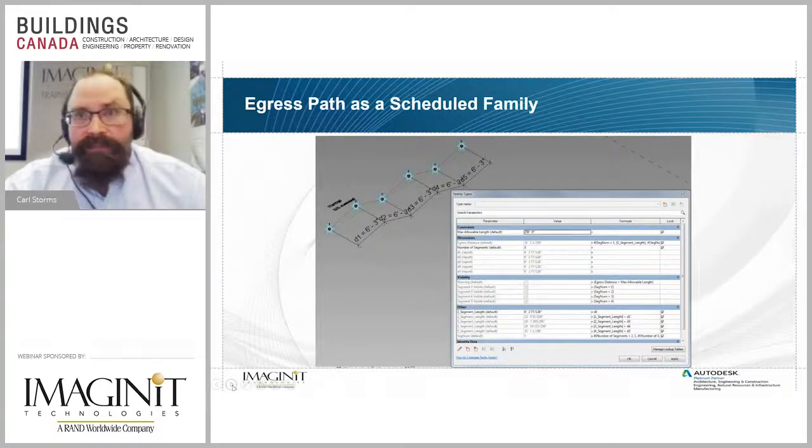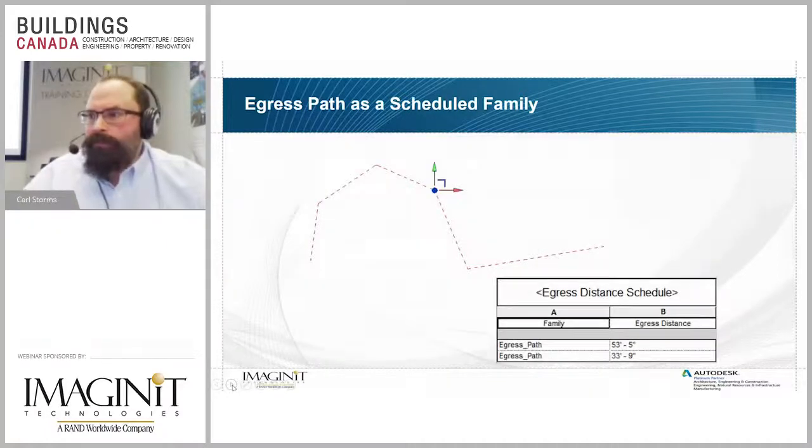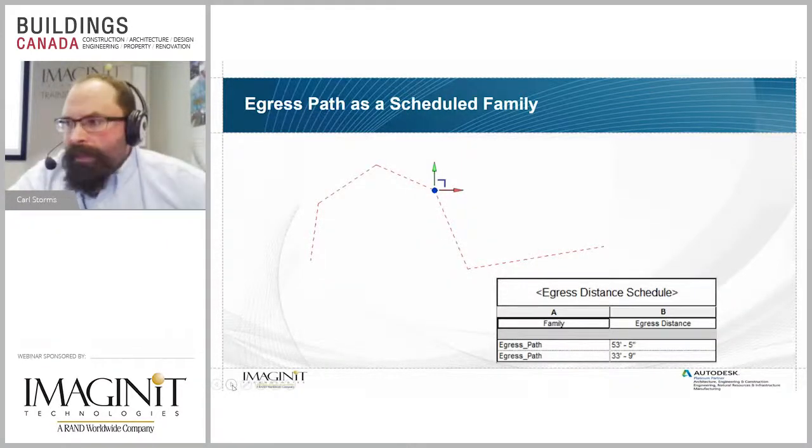That's going to tell us the distance from A to B all the way down to E that we have in place, and we have the ability to schedule it and put that information out. And so as we can see here, as we're putting our path in place, we select our locations, we put it in place with our little gizmo, and as we're doing that, it's going to tell us the length of those egress paths.